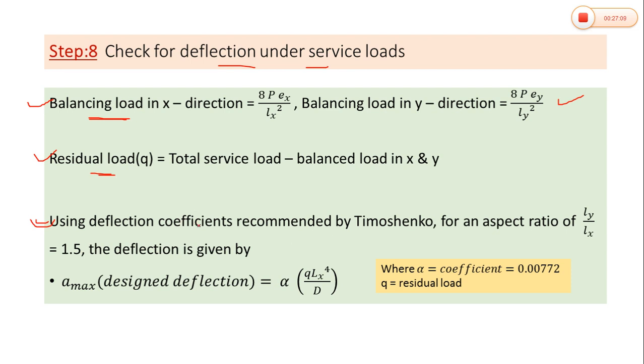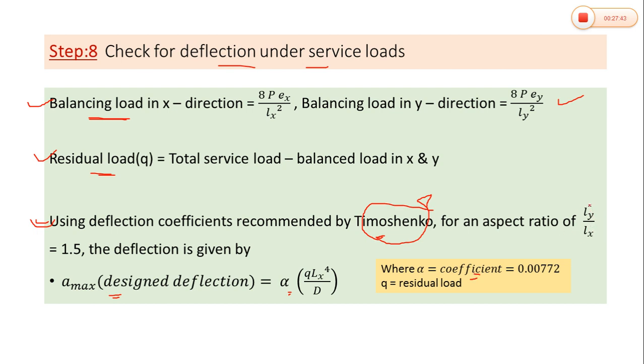That deflection formula is given by Timoshenko in his theory. According to him, first of all we need to calculate the deflection coefficient. So alpha max is nothing but the deflection coefficient or the design deflection. So alpha max is equal to alpha into bracket q Lx raised to 4 divided by D. Here alpha is the coefficient given by Timoshenko, and that coefficient depends upon the value of Ly by Lx.